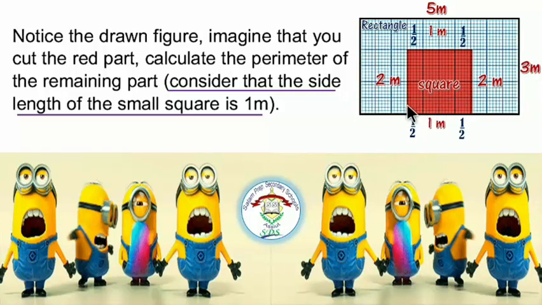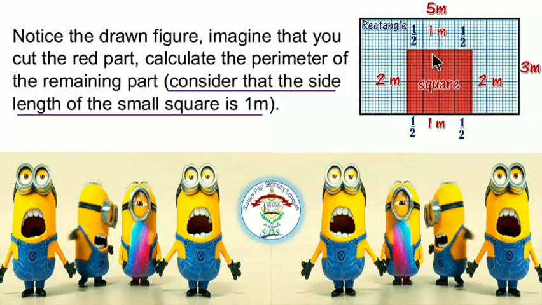The next figure is a square. Please pay attention with me. The square has four sides equal in length. This side of the square equals 2 meters. 1, 2. This side is 2. The opposite side is 2 meters.